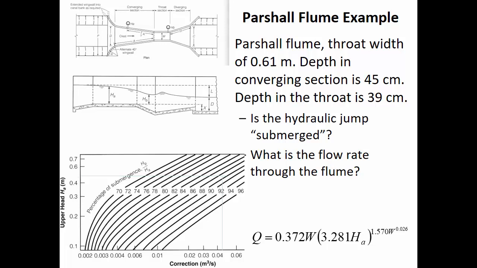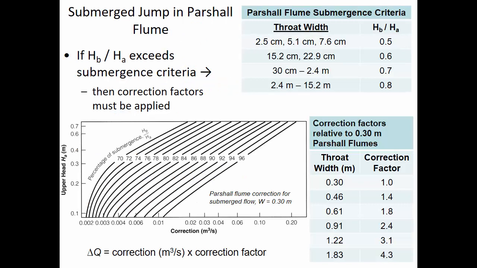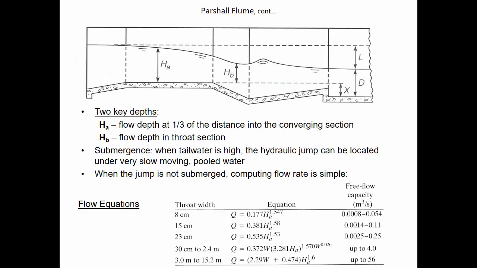So what that means is that the water that's flowing through this flume is impeded by the downstream depth. And so this equation that we have for what the flow rate should be as a function of the upstream depth, here's the equation that we're going to use. Let's write this on the board.